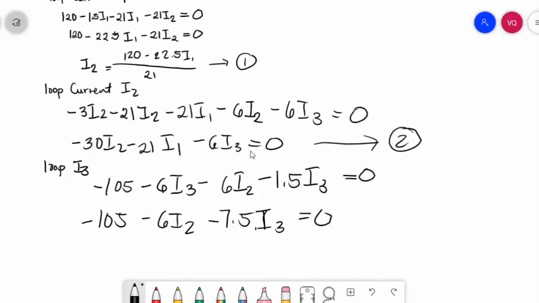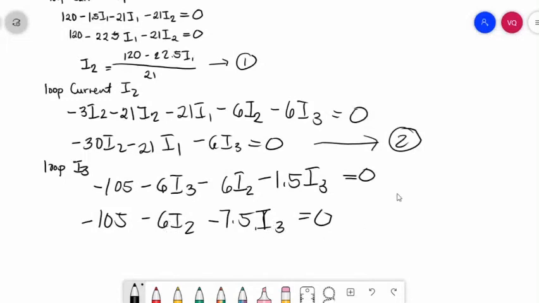So, let us go back here. In equation 1, I1 na lang yung kukunin natin dito para yung I1 in terms of I2. So, if we will substitute I1 here, we will get equation 2 to be in terms of I2. And then we will formulate or get also the equation of I3 in terms of I2.